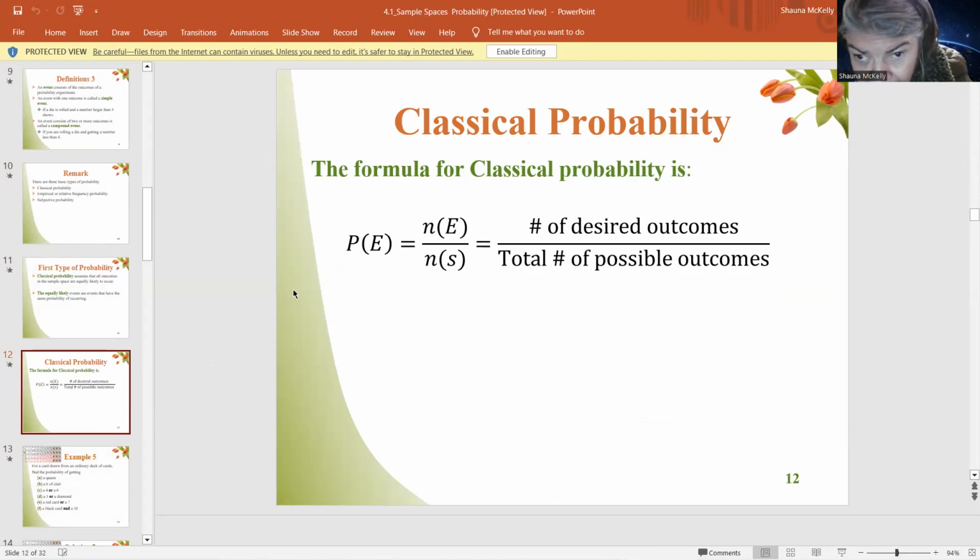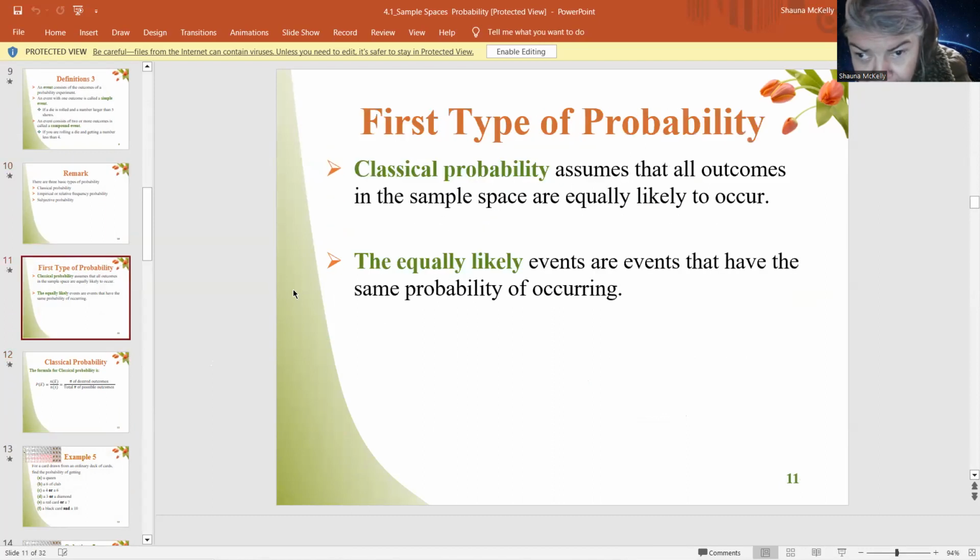Now, what is classical probability? Classical probability assumes that all outcomes in the sample space are equally likely to occur. Cards are an example of classical probability.